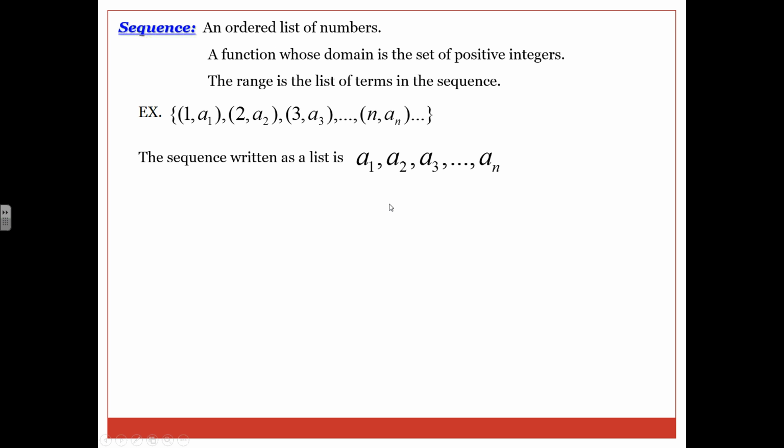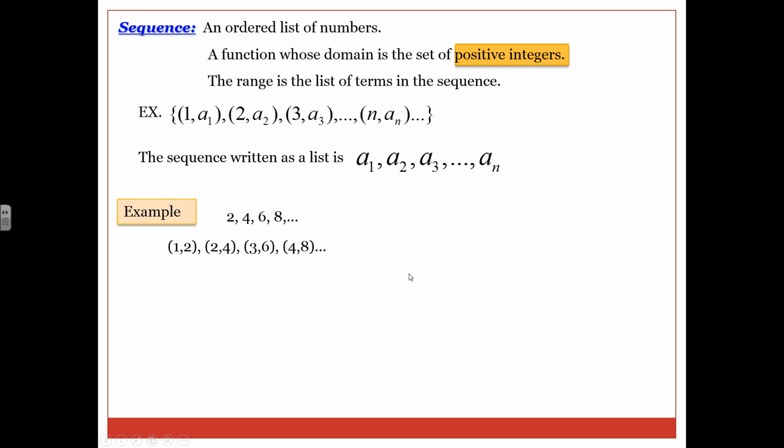So if I wanted to write the sequence as a list instead of as a function, this is what it would look like. It's implied when it's written in this list form that the domain is the positive integers. All right, so let's take a look at an example here. Simple sequence of even numbers, 2, 4, 6, 8.